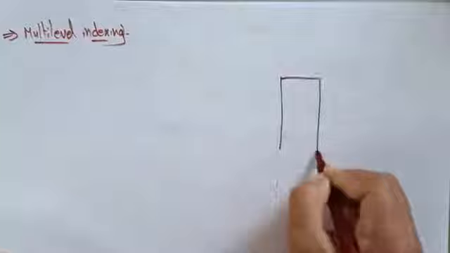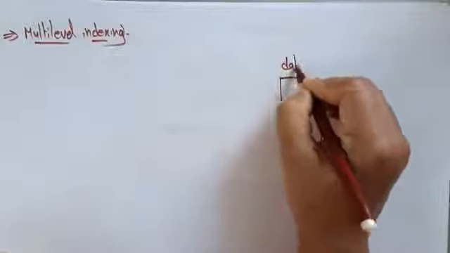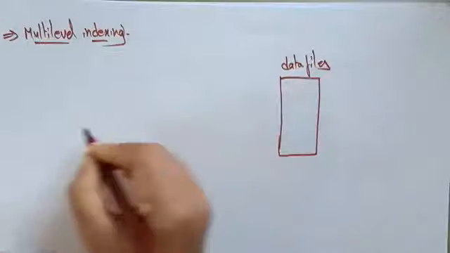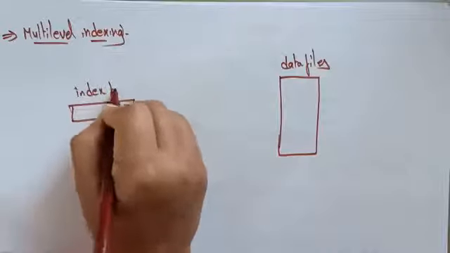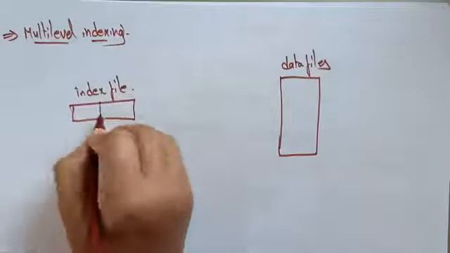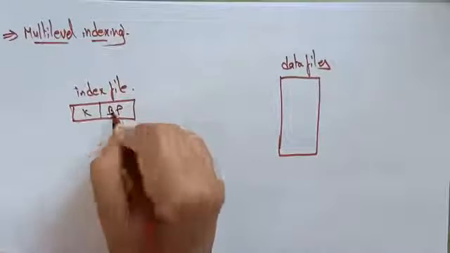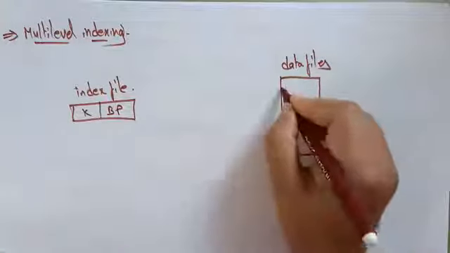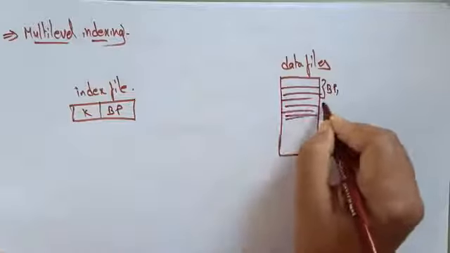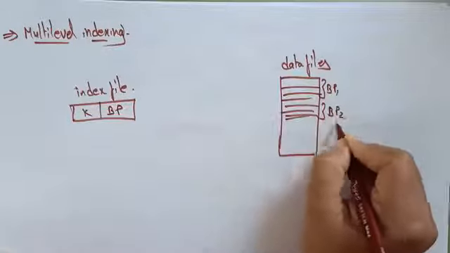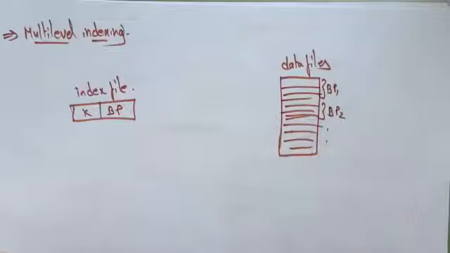Single level indexing communicates directly with the data files. The index file consists of the key as well as the data pointer or block pointer, divided into block pointer 1, block pointer 2, block pointer 3, like that.